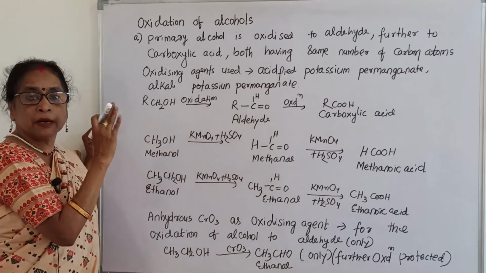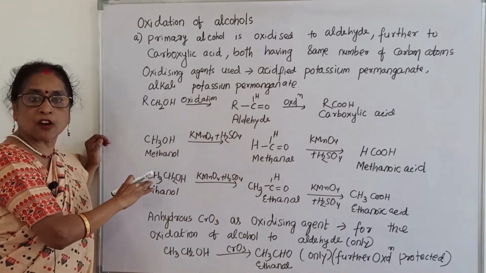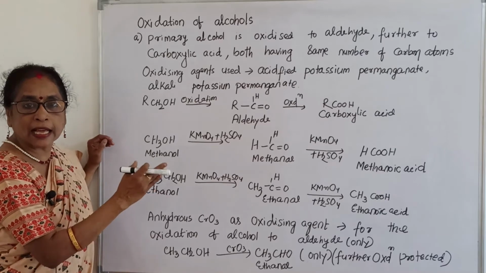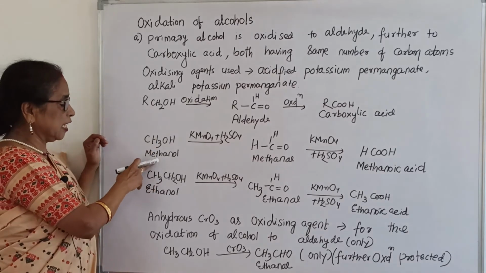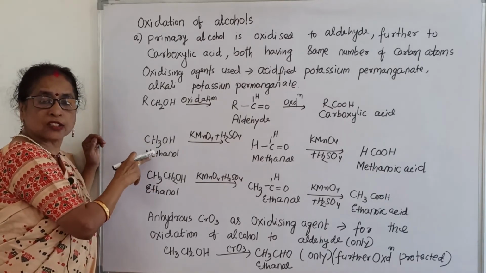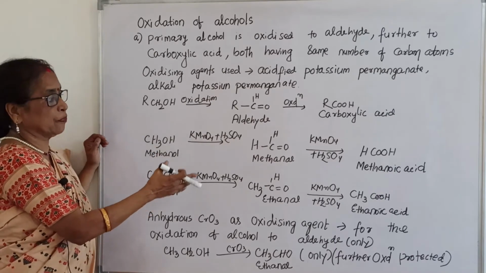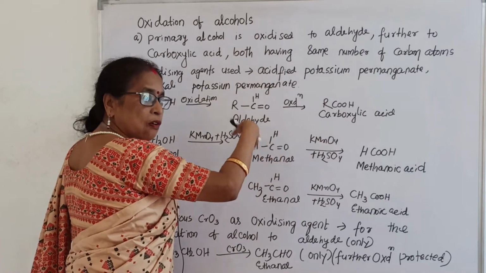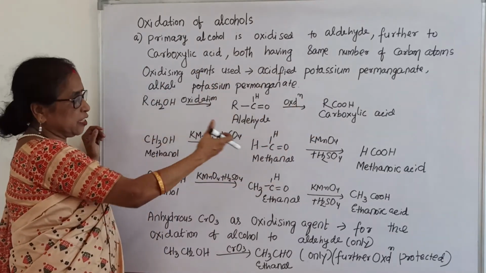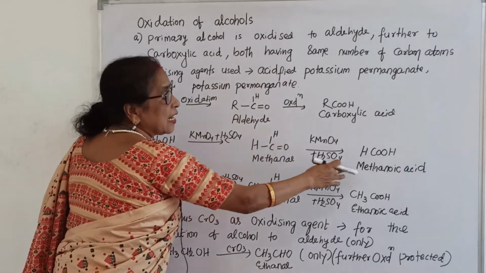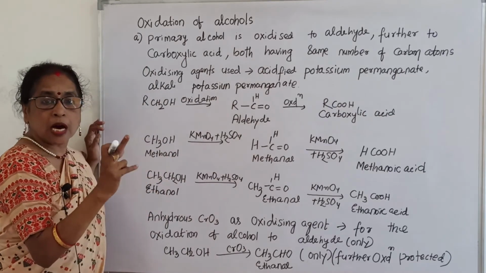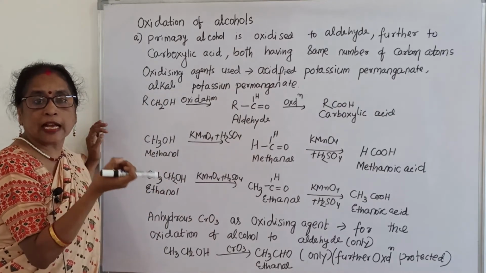Formaldehyde. Remember both names. Formaldehyde is the common name and methanal is the IUPAC name. Similarly here, methyl alcohol is the common name and methanol is the IUPAC name. Now see, methanol on further oxidation with the same reagent gives acid. With 1 carbon atom, what is the corresponding acid?